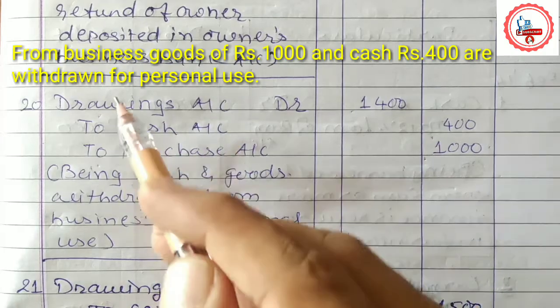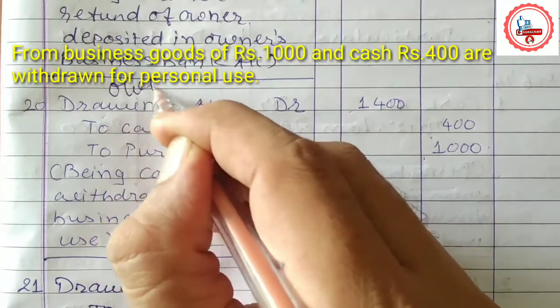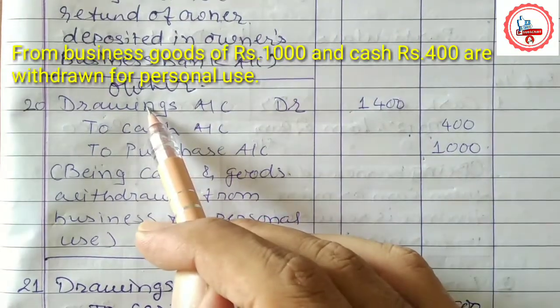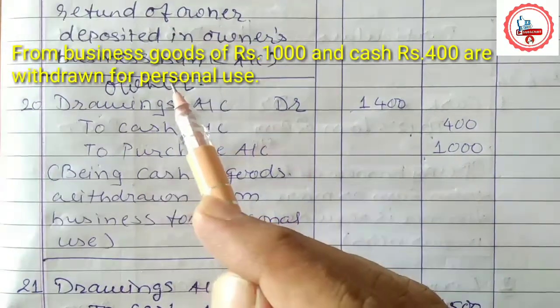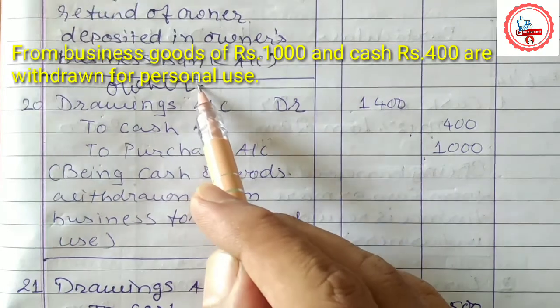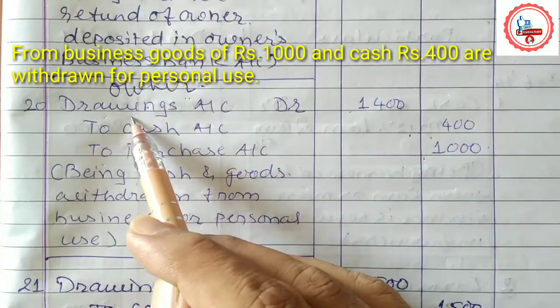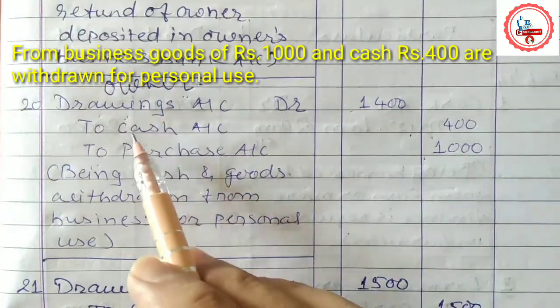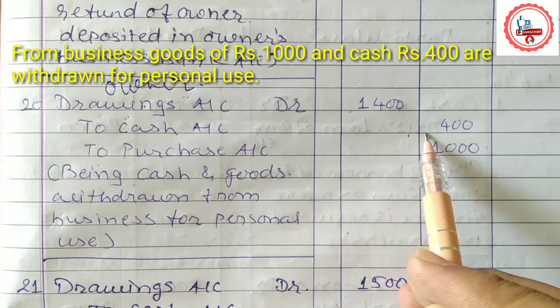Who has withdrawn? Owner has withdrawn. That means the owner has withdrawn such amount of 400 for his personal use. Owner is receiver, but whenever the owner is receiving such a thing for his personal use, it will be recorded as drawings. So your journal entry would be drawings account debit to cash account 400.